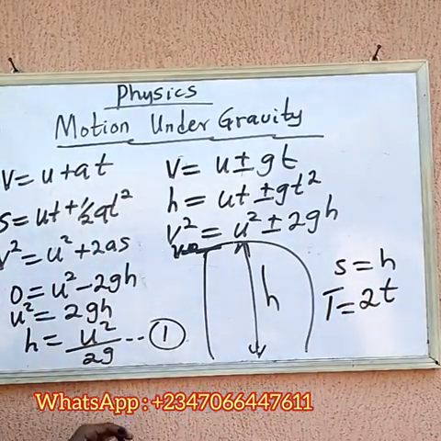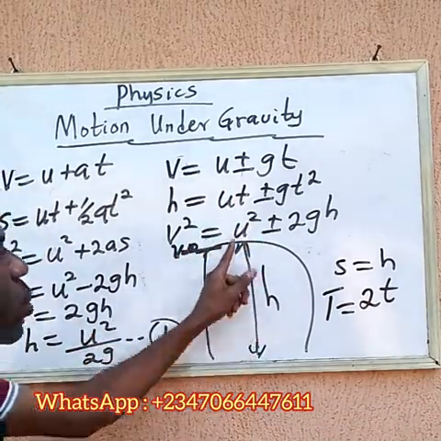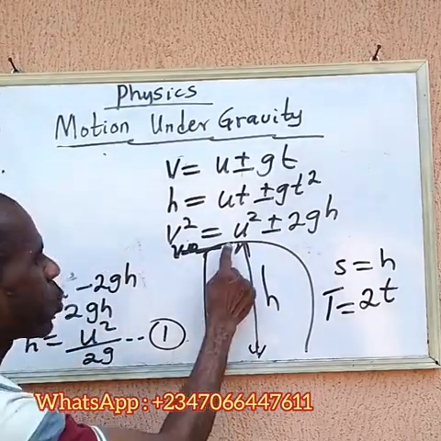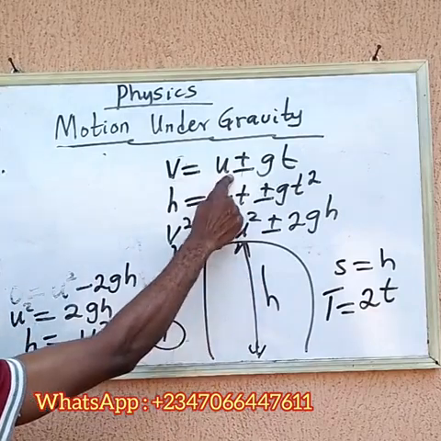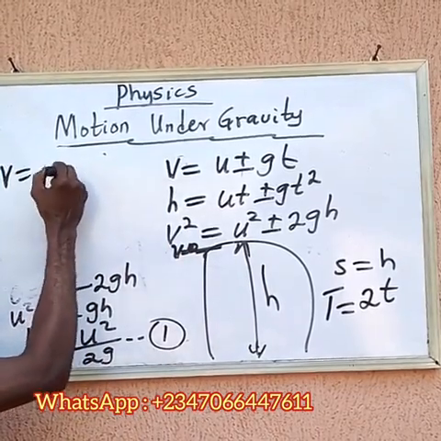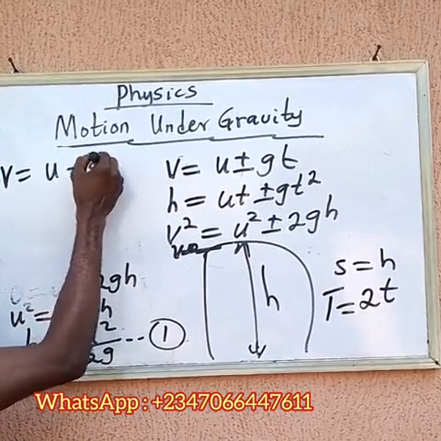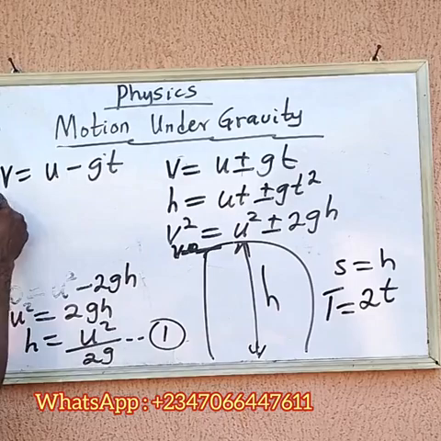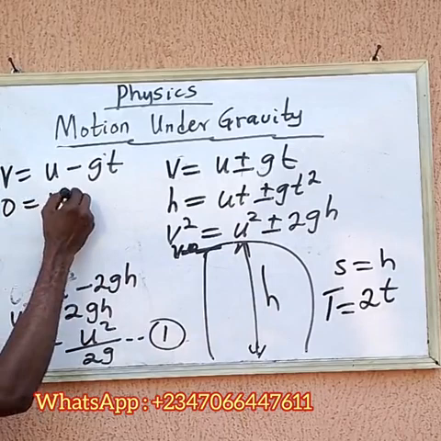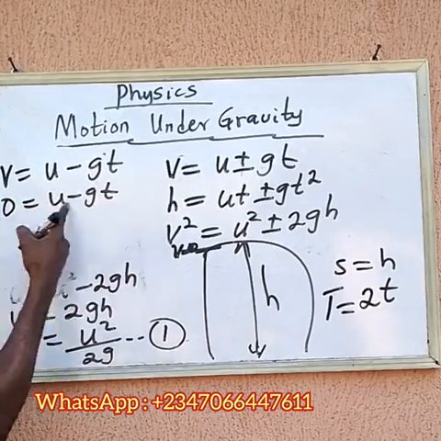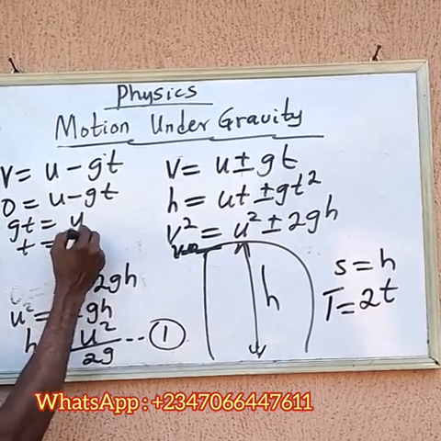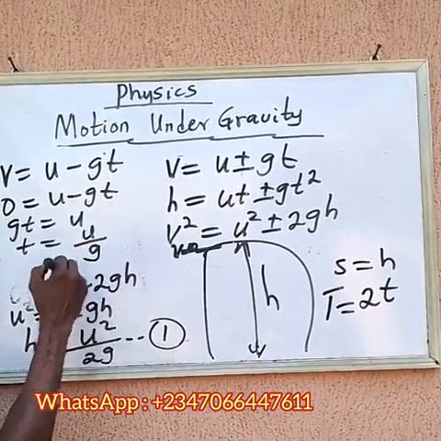So how do we get our t, the time to get to the maximum height? We can get it from v equal to u minus gt, because we are going up. We know that our v is 0 at the maximum height. So 0 equals u minus gt. Taking gt to this side, gt equals u, which means t equals u over g.